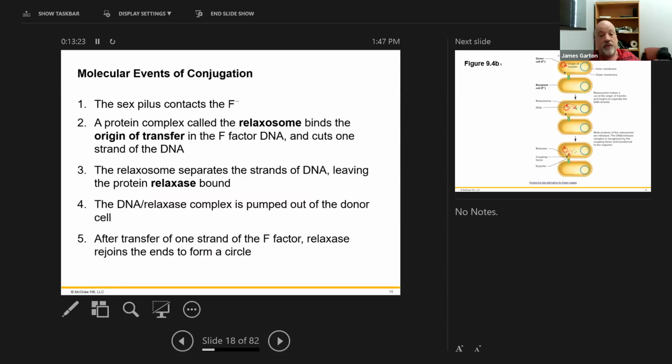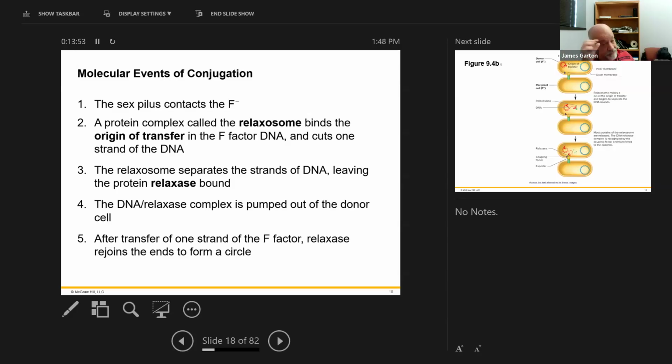There is a protein complex called the relaxosome that binds at the origin of transfer in the F factor DNA and cuts one strand. The relaxosome separates the strands. The relaxase, which is part of the relaxosome, stays bound to one of those single strands.